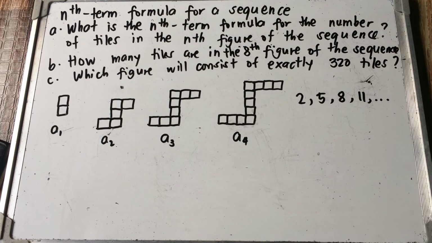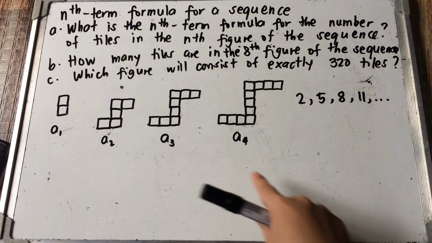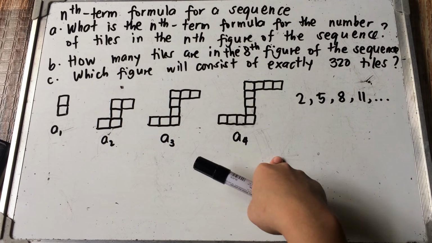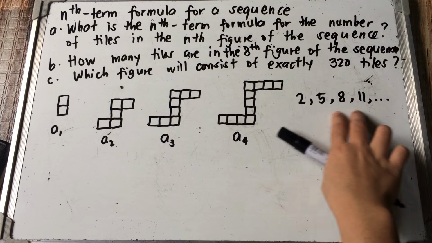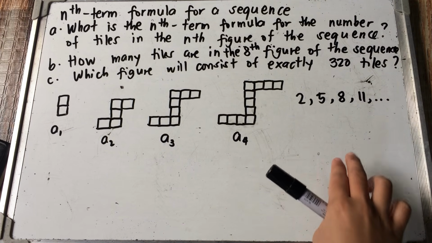So, doon sa given figure, you have to determine first the value of n. Doon tayo lagi magbabase para mas madali nating ma-determine yung formula of that given figure in a particular sequence. So, for example, ito daw yung given figure. And then, di ba, ito yung sequence na nire-represent niya.